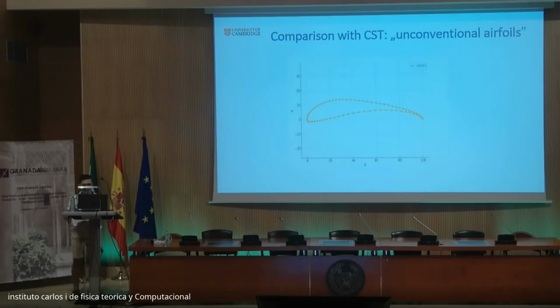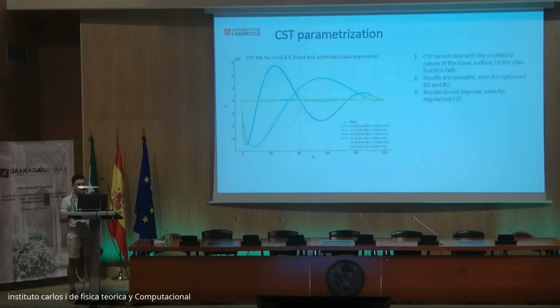This is what you get with the CST. You probably can't see, but the actual points are on the axis, which is basically a straight line. If you look at the coefficients, you would see that these values are just non-usable. You get very high harmonics, very high oscillatory terms, because the class function is very badly suited for this.